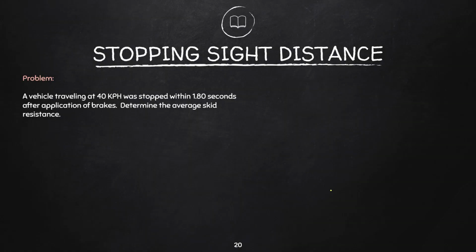Okay, similar to the previous problem, we have a vehicle whose initial speed is 40 kph, or in meters per second, this should be 40 times 1000 over 3600 from our previous conversion.